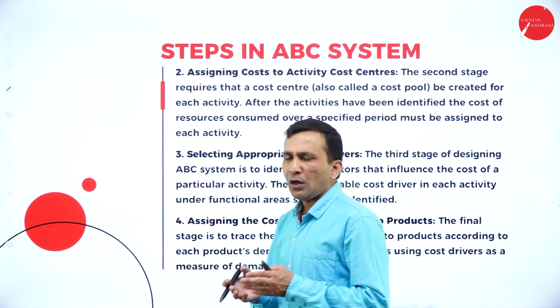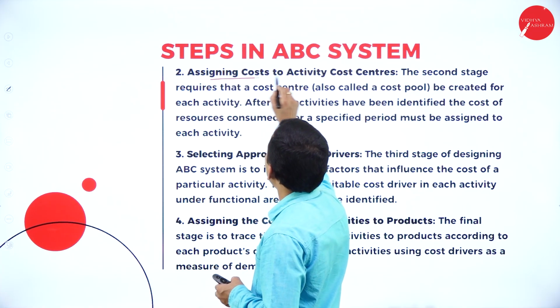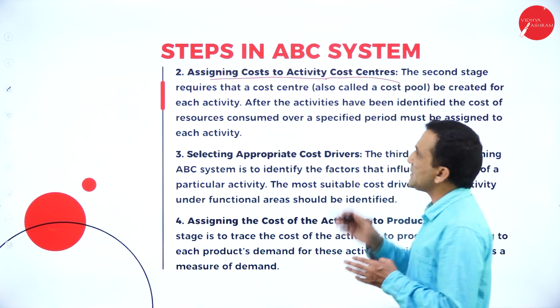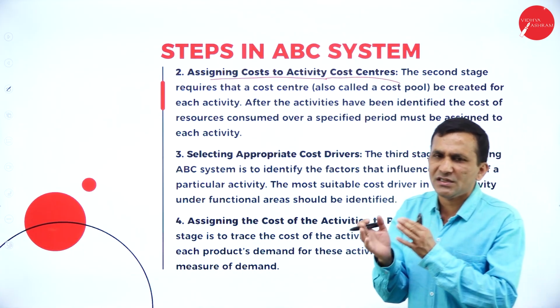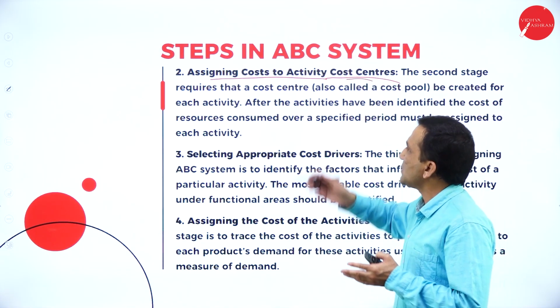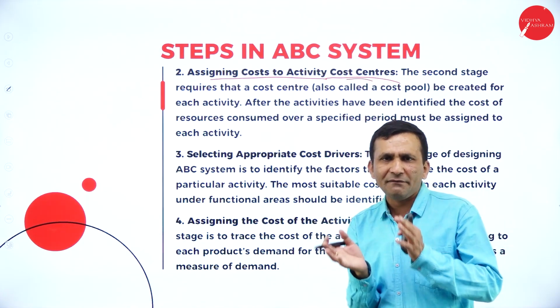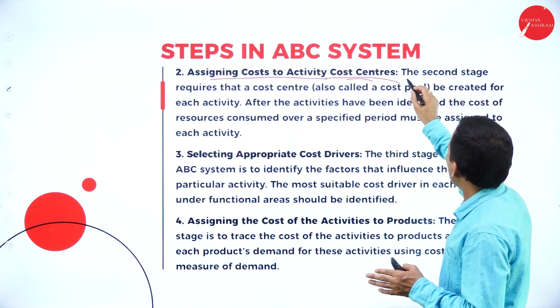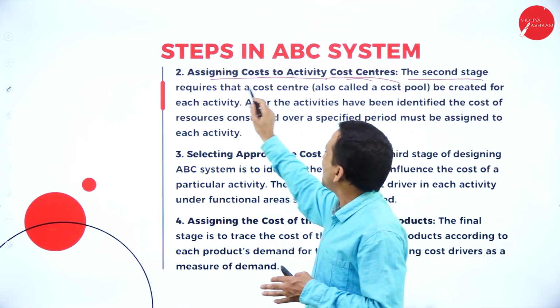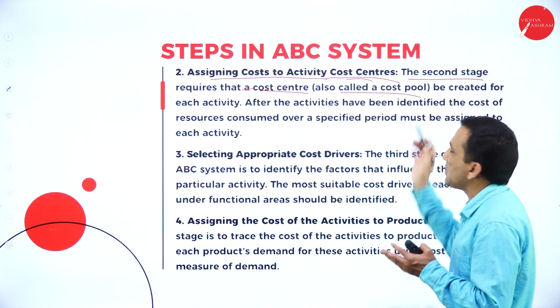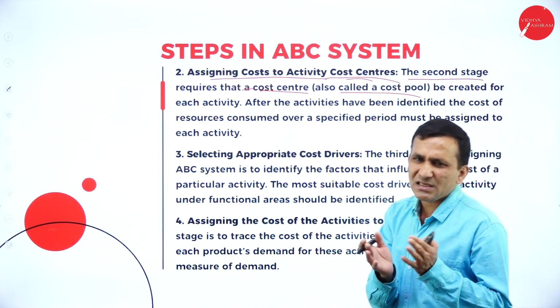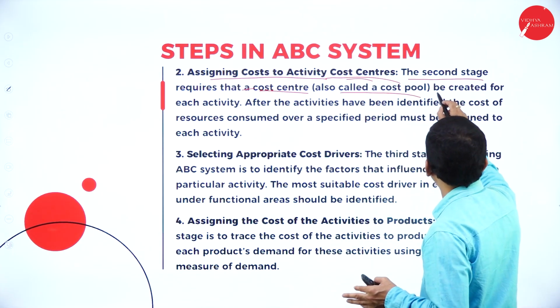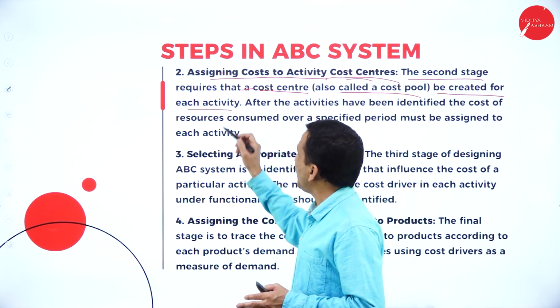Next, the second step is assigning cost to the activity cost center. You know the meaning of cost center and cost pooling by now. The second stage requires the cost center, also called cost pool, which is the same meaning, created for each activity.